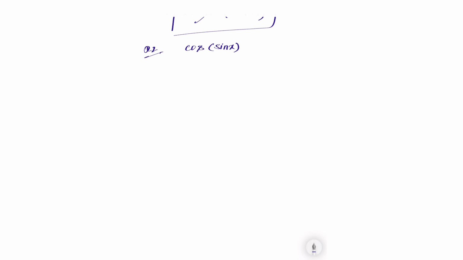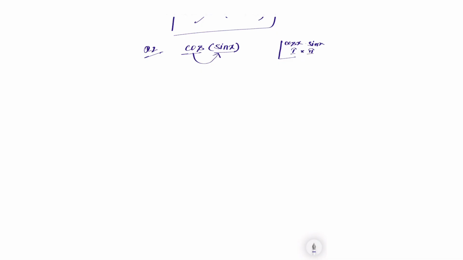Which rule is this? Chain rule or multiplication rule? Look at this. This is cos of sin x. Sin x is an angle. There is no multiplication. Multiplication means cos x into sin x, here 1 multiplied by 2.